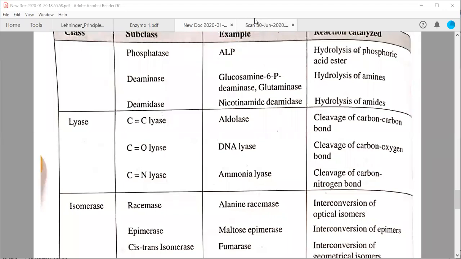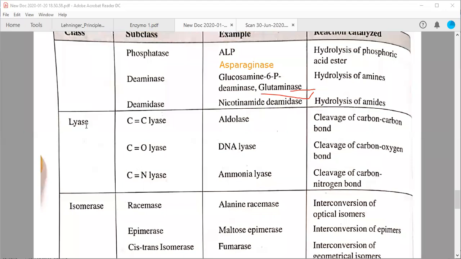So if you have glutaminase, then you can predict the second one, asparaginase, also coming under the same class. So asparaginase and glutaminase are all coming under these deaminases. Then there are deamidases, for example nicotinamide deaminase, which will hydrolyze the amide bonds or CONH bonds.